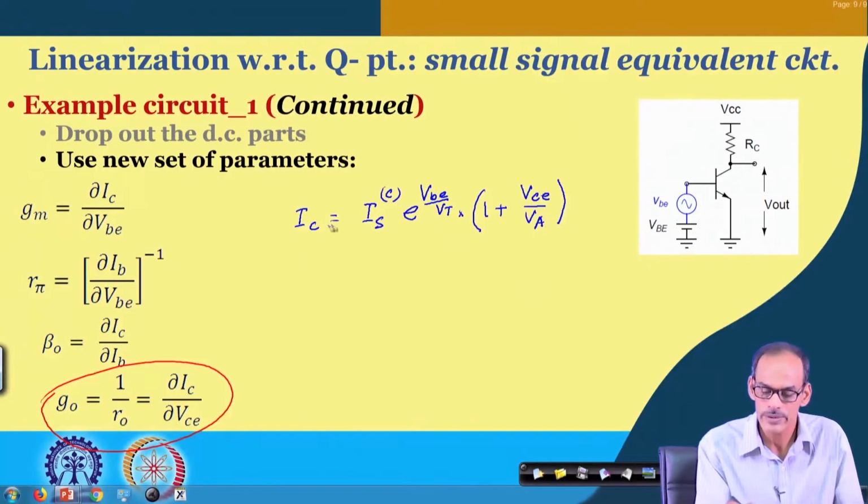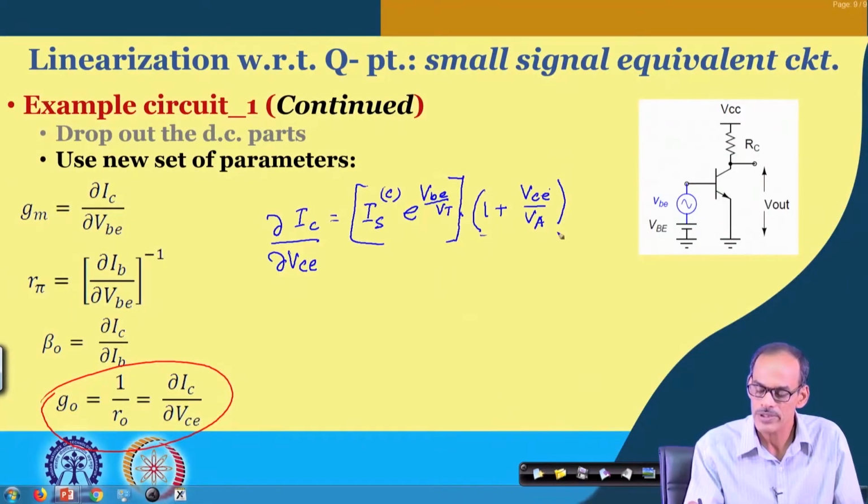Now, if I take the derivative of this equation, particularly the partial derivative with respect to V_CE, since we are changing only this one and not this one, this part remains constant and only this part will be changing.